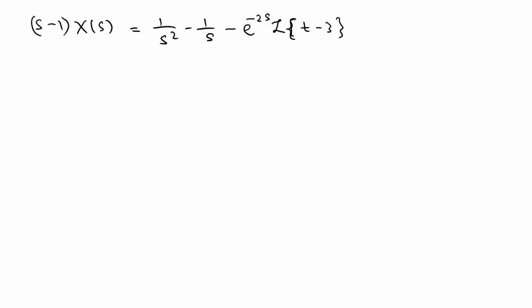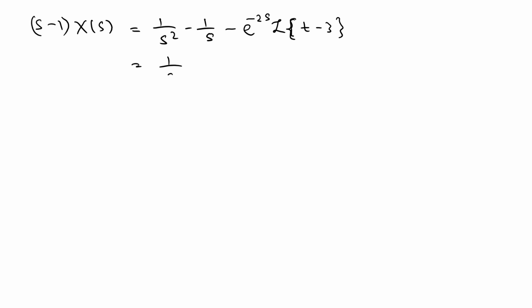So we have (s minus 1) X(s) on this side, no changes to that side yet. So what we have is 1 over s. This is just algebra. Minus, by the second shifting theorem, you have e to the minus 2s, and the Laplace transform of the function, in this case t minus 3. So that's the function.